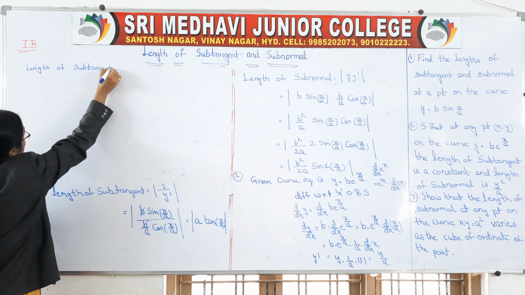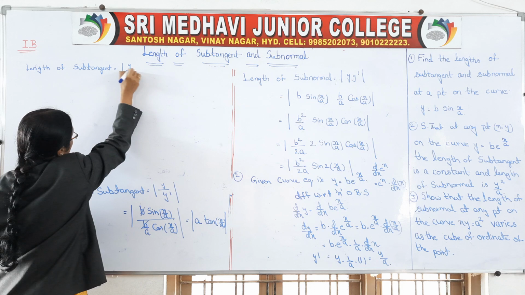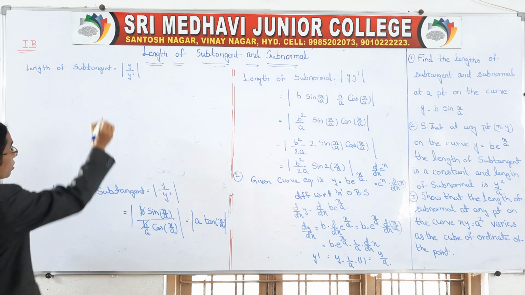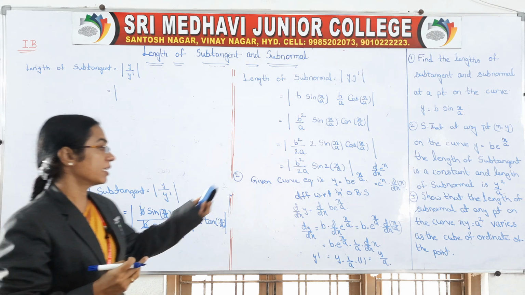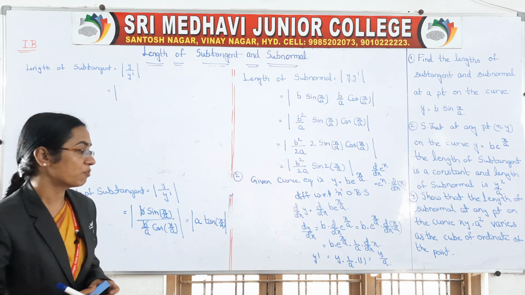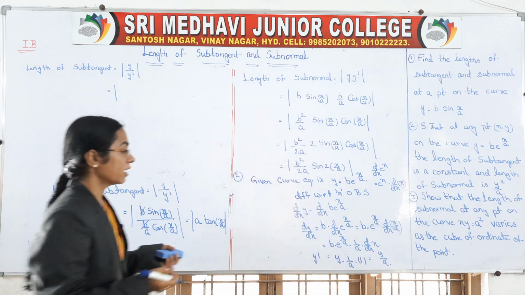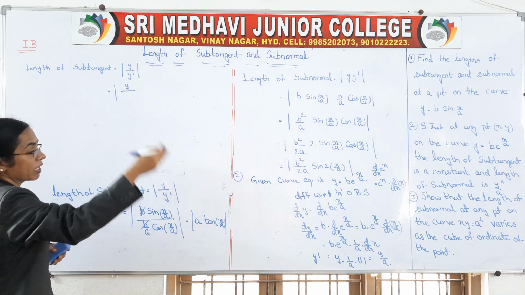Length of subtangent is equal to, what is the formula? Modulus of y by y dash. So it is y, and y dash, if you observe, is y by a. So we take y in the numerator and y by a in the y dash place.